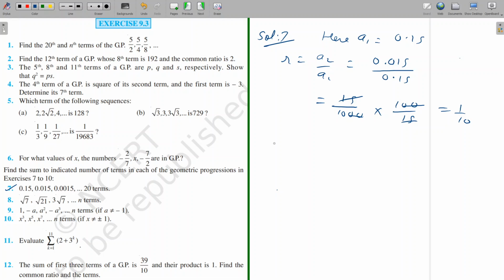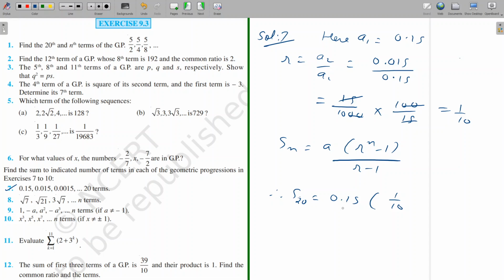So we know the formula, Sn equal to A into R raised to n minus 1 over R minus 1. Therefore Sn equal to, what is our A? A is 0.15, into R, that is 1 by 10, raised to n. What is n? N in our case is 20. So in place of n, we'll write the value of n, that is 20.